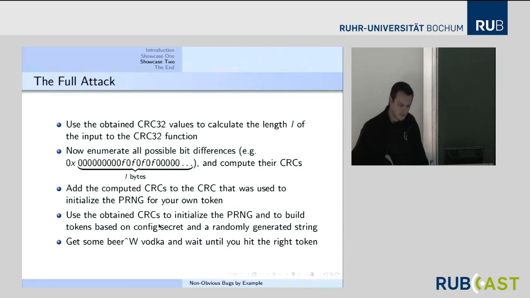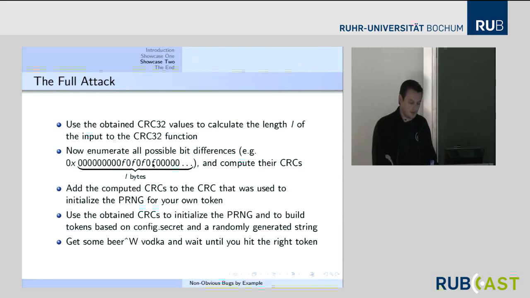Okay. So, and this is just some brute force search then. You just try CRC values, initialize your own generator, generate a password. From the password, generate a token using the secret value, and try the token on the website. And if it doesn't work, well, try again. The interesting point here is that there are no more than 16 bits. That means not more than 2 to the power of 16 tries.